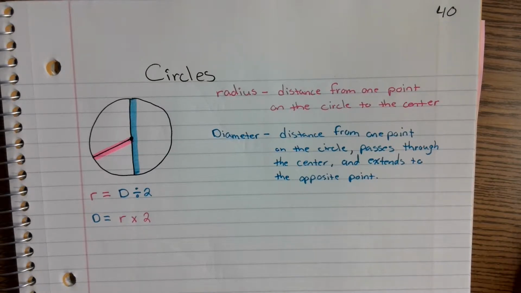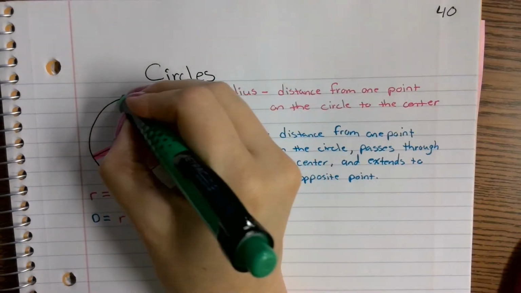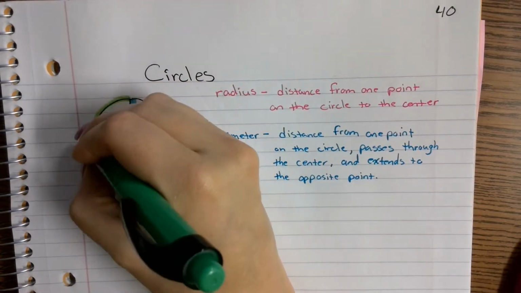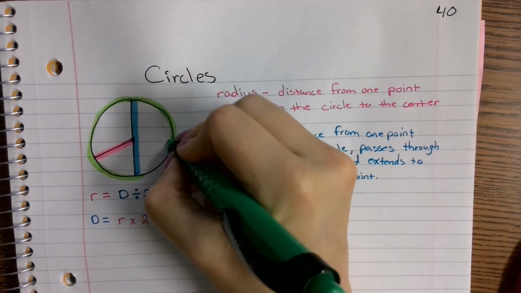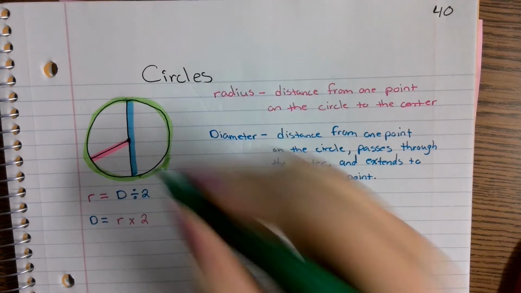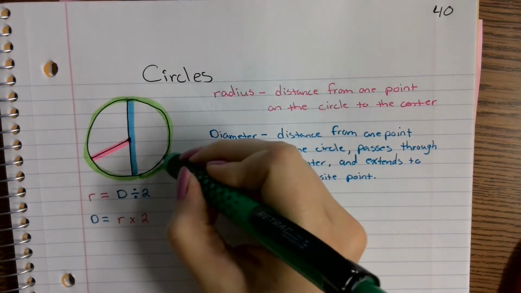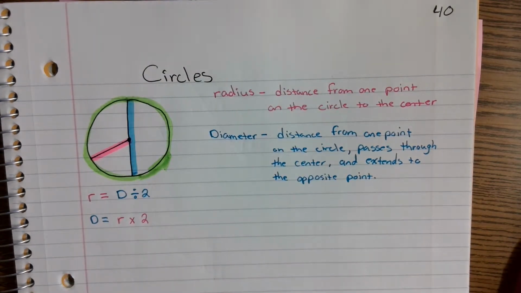Now, Rashawn kept saying that word, circumference. That is this measurement on the outside. That would be this measurement here. Okay? And essentially, that's kind of like the perimeter of a circle.